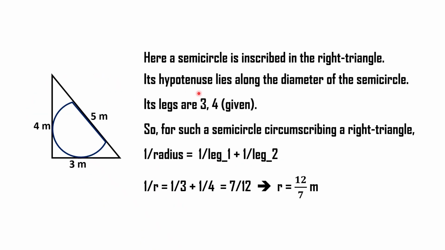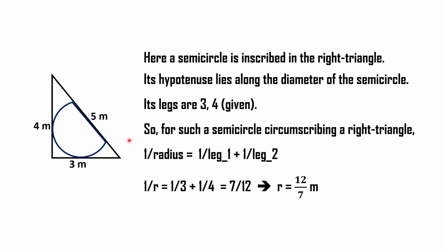Now this is more interesting. We have a right triangle and a semicircle with the diameter along the hypotenuse. Now the legs are 4 and 3.